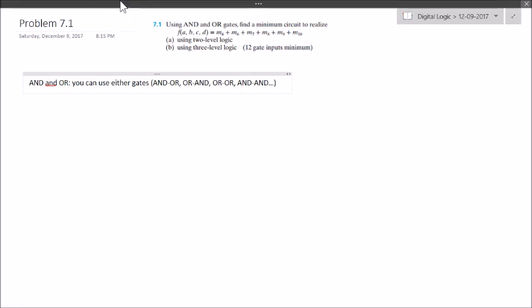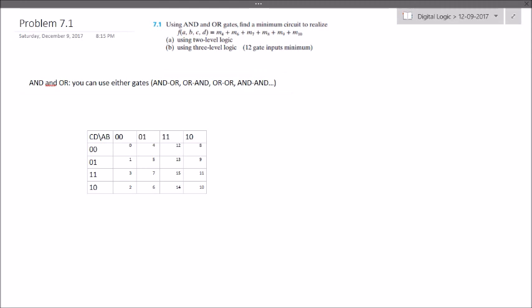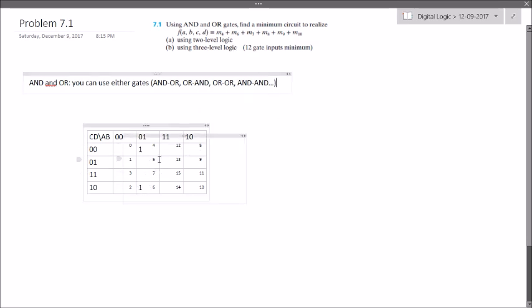First, let's make the K-map. So here's the template K-map. Let's start filling in the dots. So M4, here's 4, and 6, 7, 8, 9, and 10.